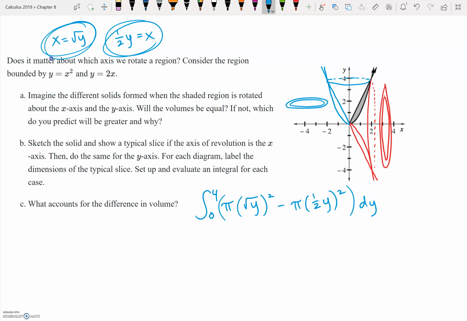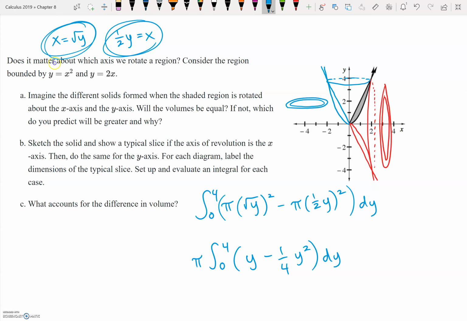So let's take the pi out because that would be easier. So square root of y squared is going to be y, minus 1/2 squared, which is going to be 1/4, times y squared, dy.